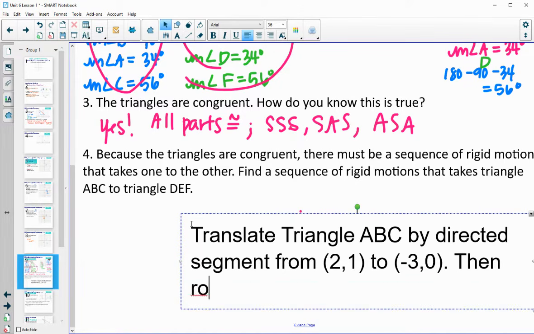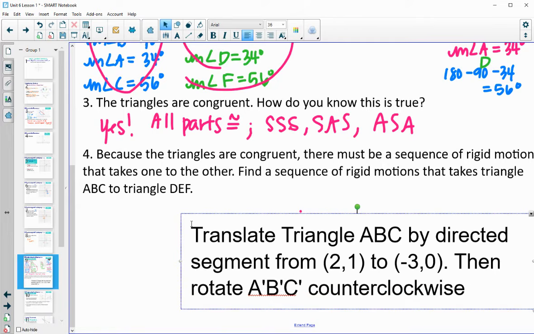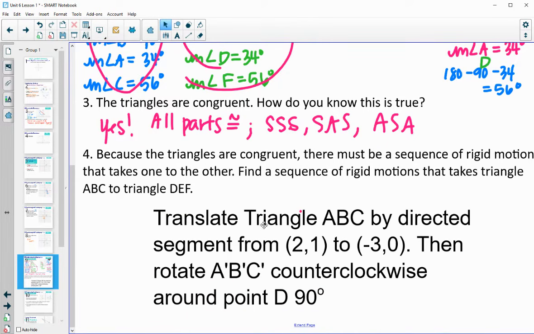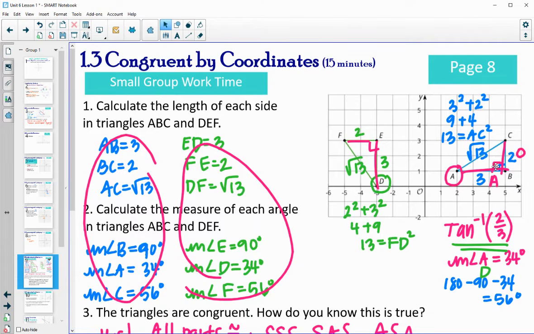Then rotate A prime, B prime, C prime, where you just moved it, counterclockwise around point D 90 degrees. That's one option, not the only option, but it's going to move this triangle to point D, then rotate it 90 degrees counterclockwise to land it right on top of that other triangle.